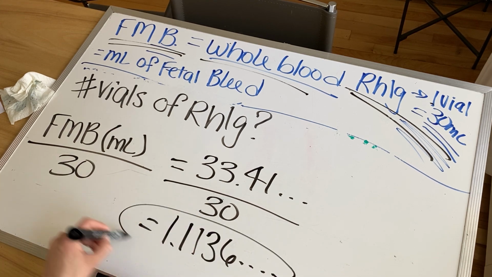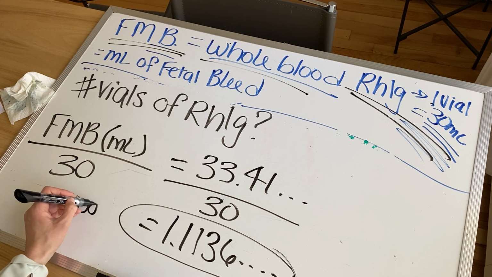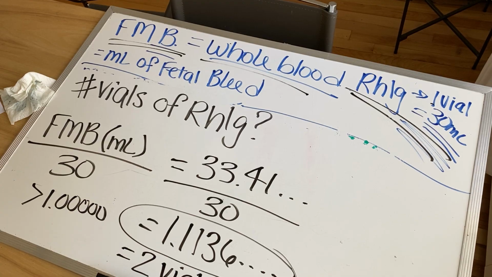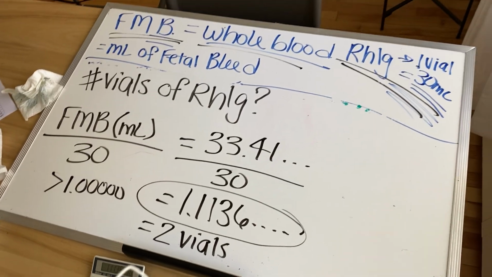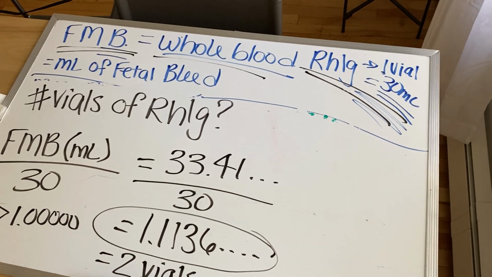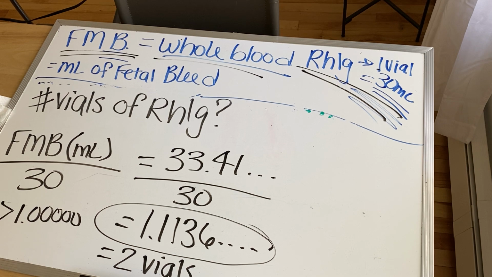And what did I say? If it's greater than 1.000000, you round up to the next whole number, which would be 2 vials. Does everybody see that? That's the calculation.